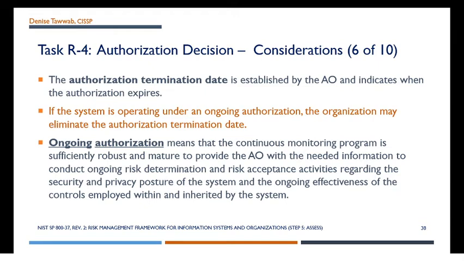Now, ongoing authorization means that the continuous monitoring program is sufficiently mature and robust to provide the authorizing official with the needed information to conduct ongoing risk determination and risk acceptance activities concerning the security and privacy posture of the system and the ongoing effectiveness of the controls used within and inherited by the system. So you've got to be mature in your continuous monitoring program in order to do ongoing authorizations.